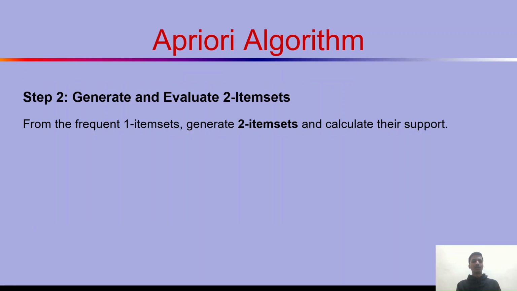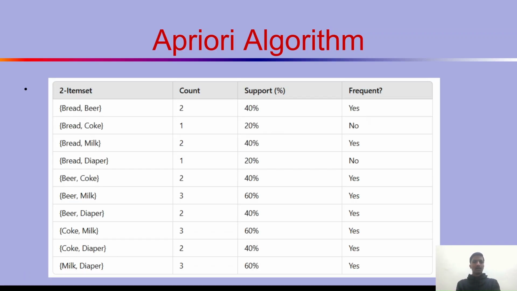And next we will generate and evaluate two-item sets, like combinations of two and their minimum support and count. We have the transactions containing bread and beer both, that is two transactions, and its support is 40%, the total transactions being 5.